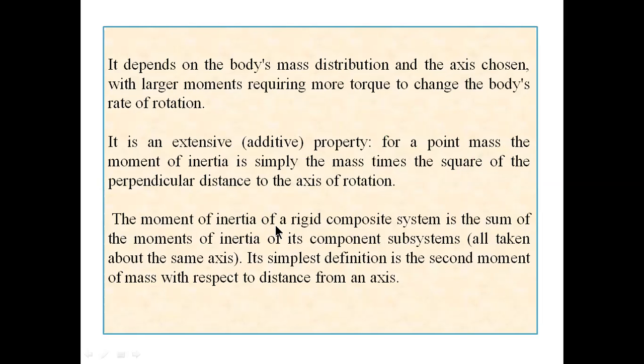The moment of inertia of a rigid composite system is the sum of the moments of inertia of its component subsystems. Its simplest definition is the second moment of mass with respect to distance from an axis.